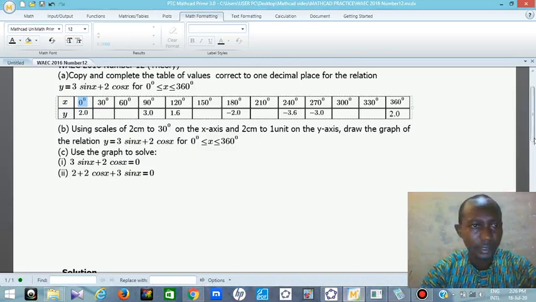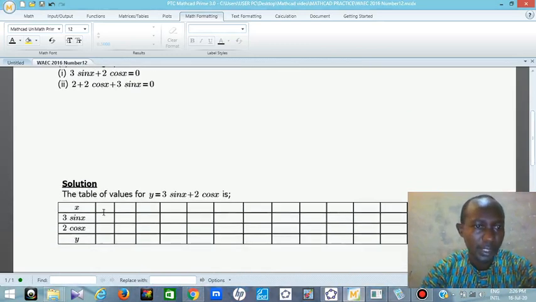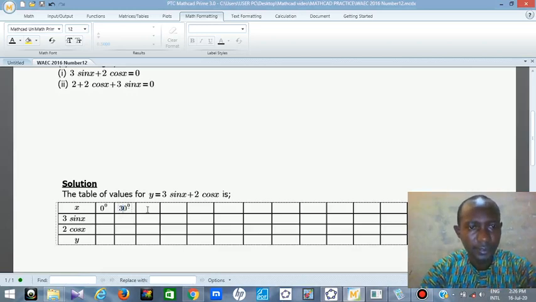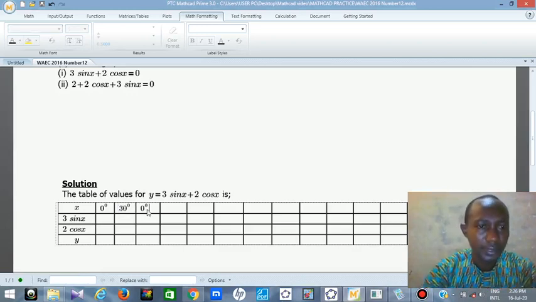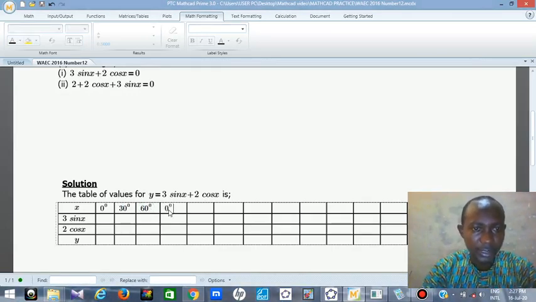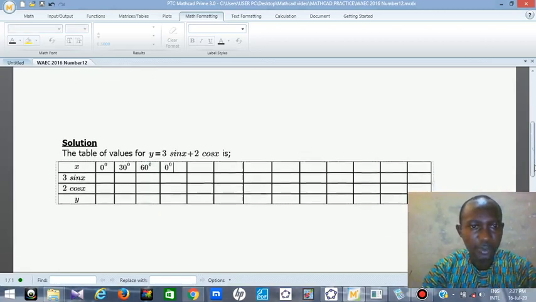Then let me paste the same thing on that table. You just paste it here. So this is 30. This is 60. We just need to copy the table and complete it. That's what we are doing in our solution page.